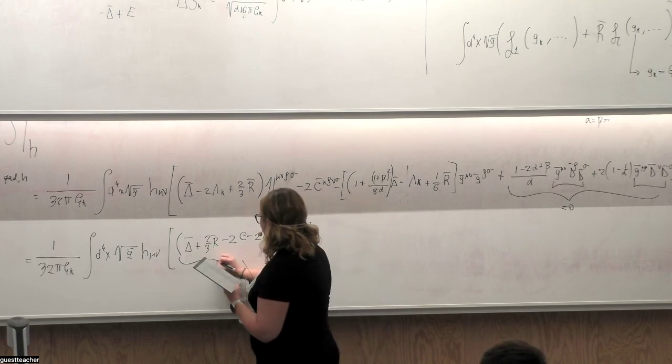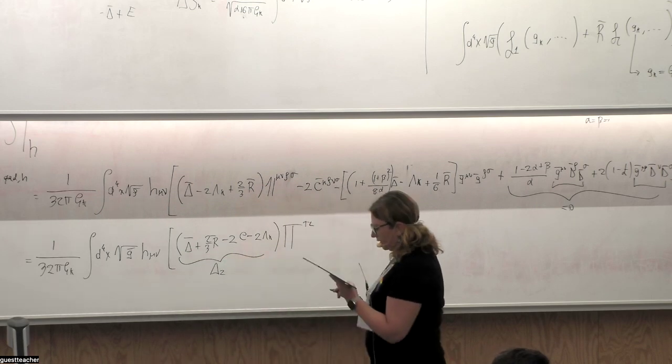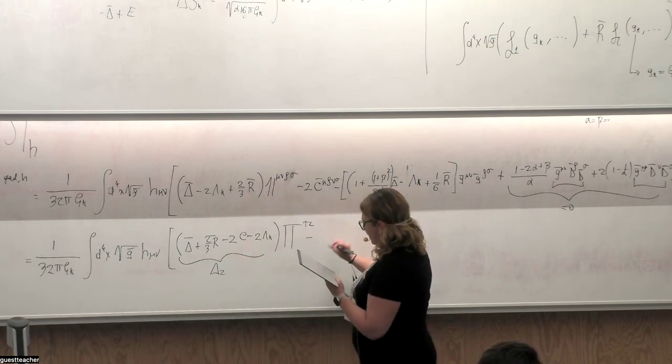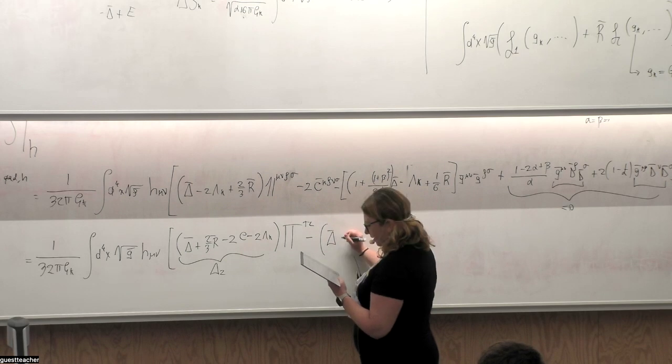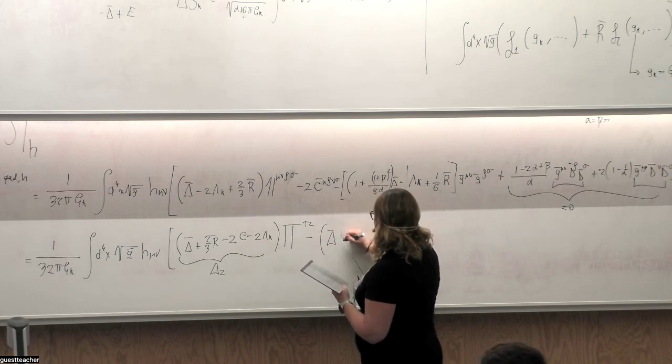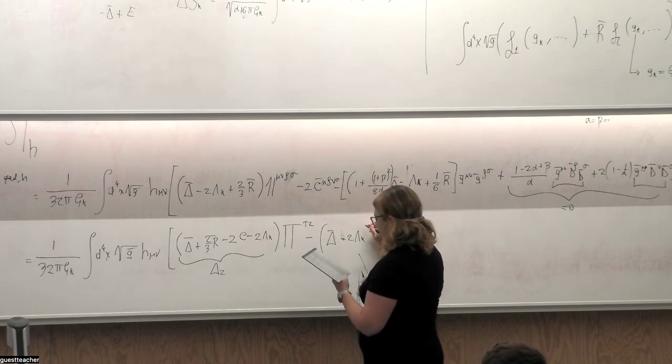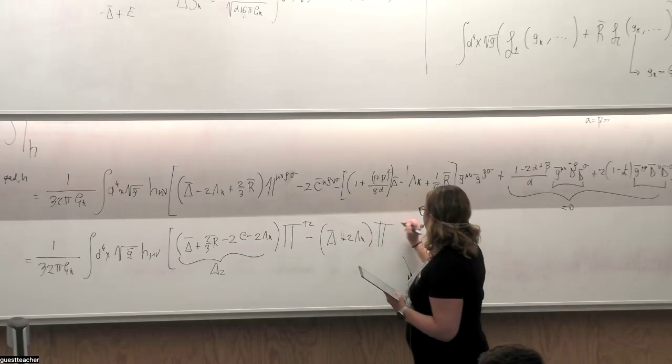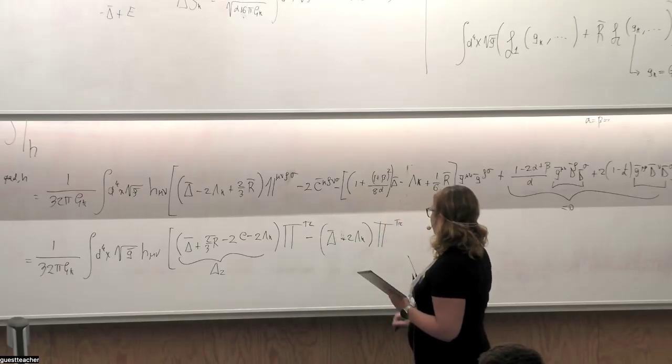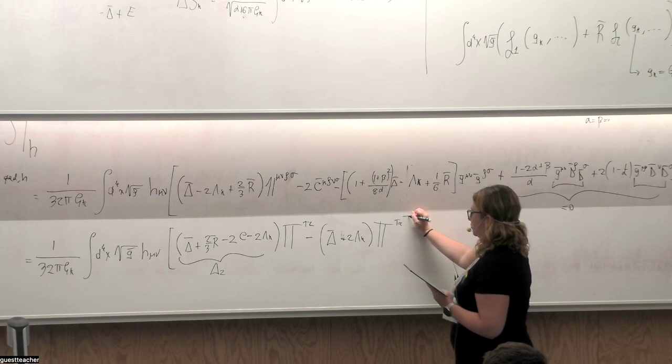We will call all of this Delta_2, and this is what we will use for the regulator function. Then minus Delta bar minus 2 lambda_k, and the trace part of the spin projector.